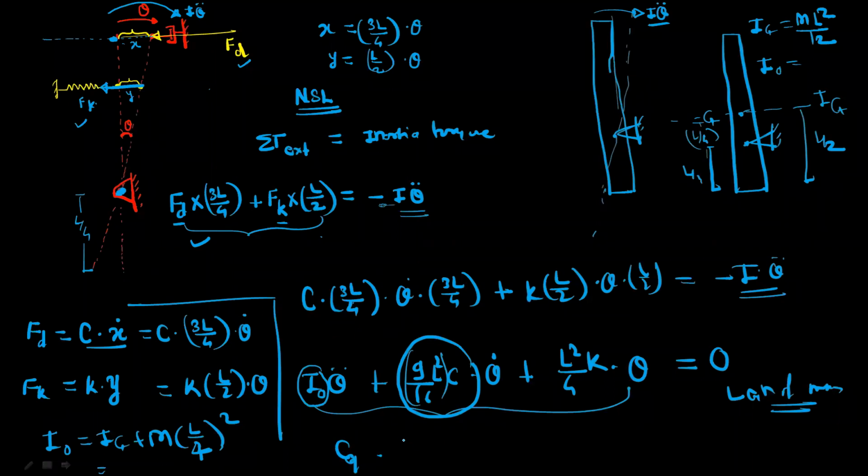C equivalent is equal to 9C L square by 16, and K equivalent is equal to K L square by 4. So these are called equivalent parameters of the system. These parameters are important if you want to find the natural frequency and the damped natural frequency.